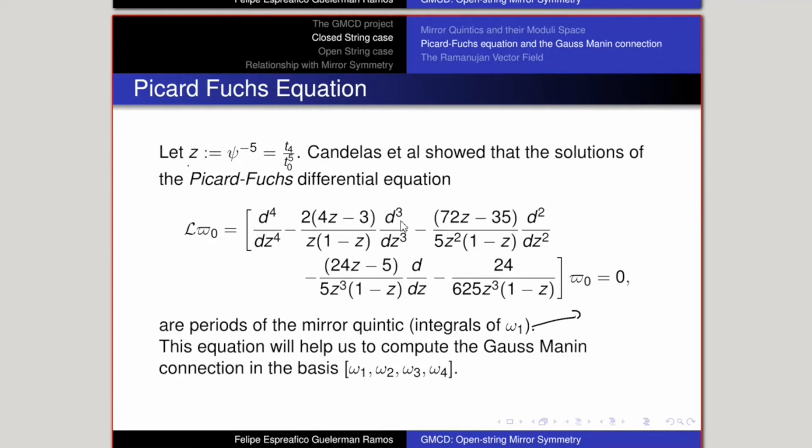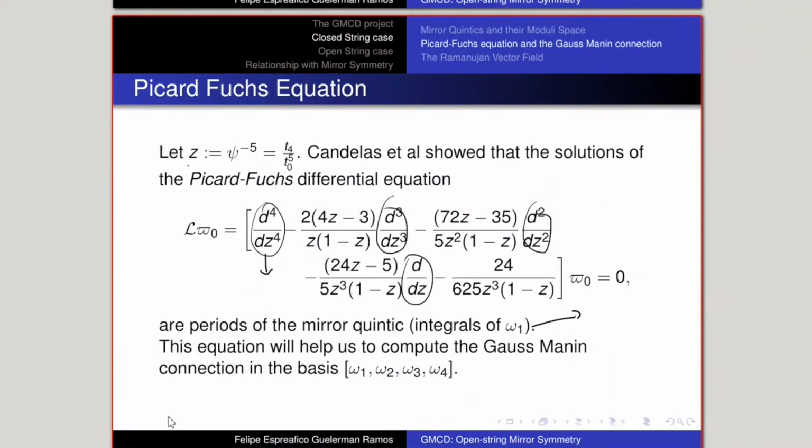The idea is that these derivatives here can be seen as the Gauss-Manin connection in the coordinate z, applied to this vector field.